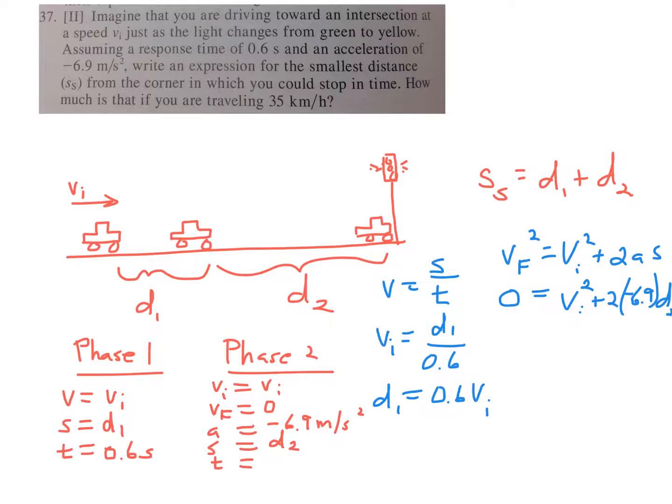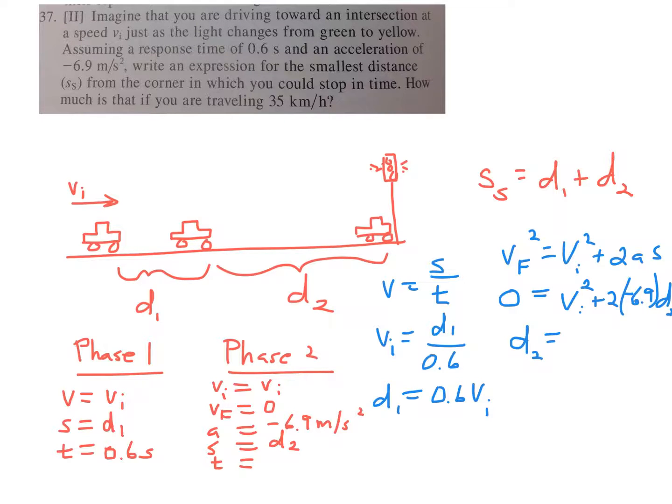Alright, so my stopping distance in equation form will be d sub 1 plus d sub 2. Actually, I need to solve this equation I just wrote down there, the 0 equals v sub I squared. But if I rearrange that and solve for d sub 2, I move the v sub I squared over to one side, I get a negative, but I'm going to be dividing by another negative eventually, so the negative will cancel out.